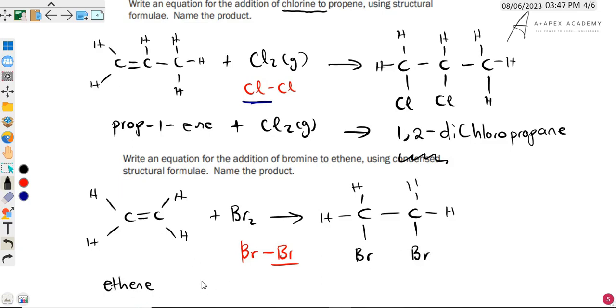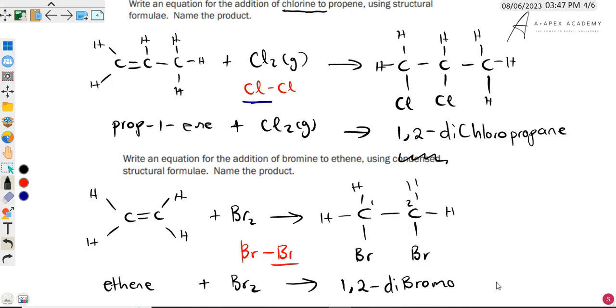We had ethene bonding with Br2 or bromine to give us that compound. Now remember, this is a haloalkane, so we must first find the position of the halogen. It's at carbon number 1 and at carbon number 2, so it becomes 1, 2. Now it's dibromo. How many carbons do we have?